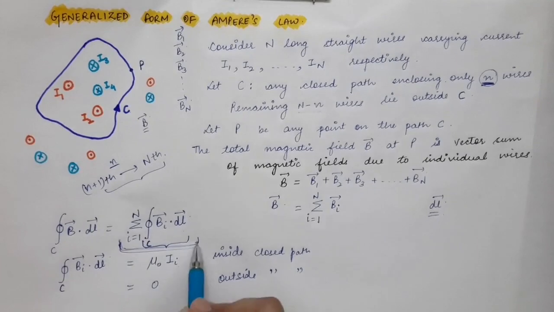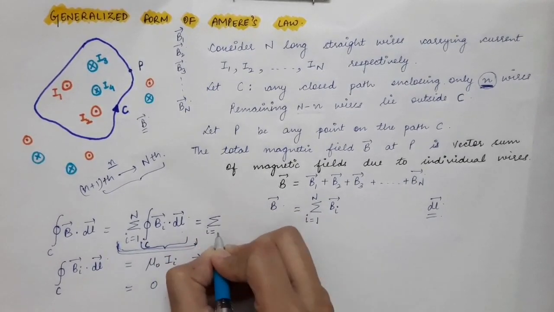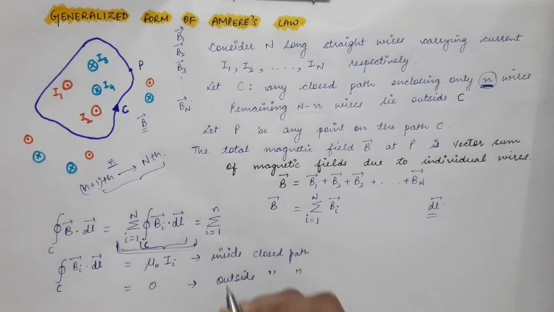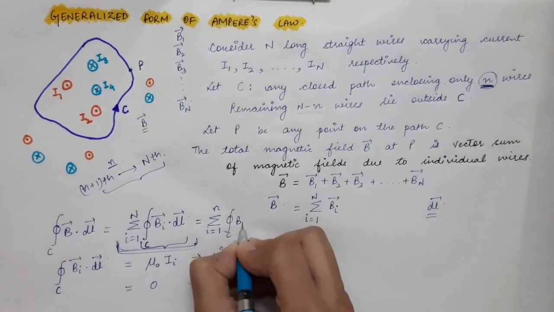So this summation will become just equal to summation from i is equal to 1 to small n, and the integral can be written as it is.